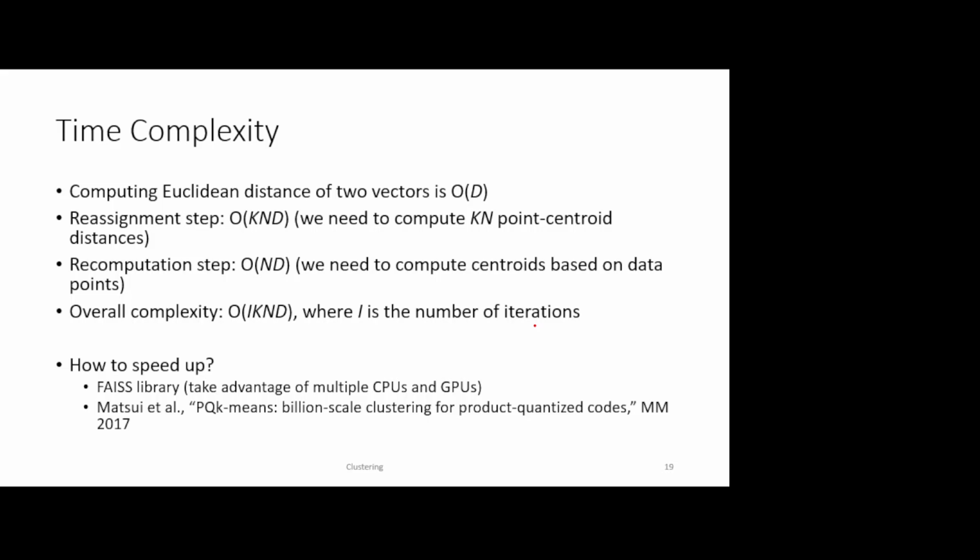Actually, it is very time consuming if you have a large data set to be trained in k-means. But k-means is already the most efficient. Other clustering methods take much more time. That's why K-means is so popular.